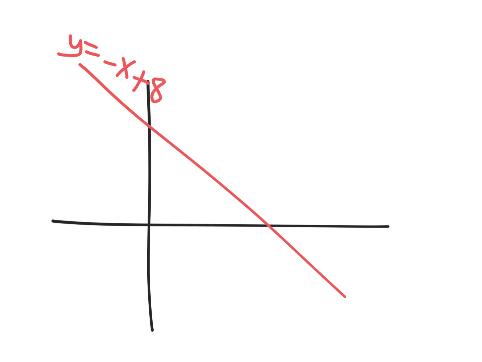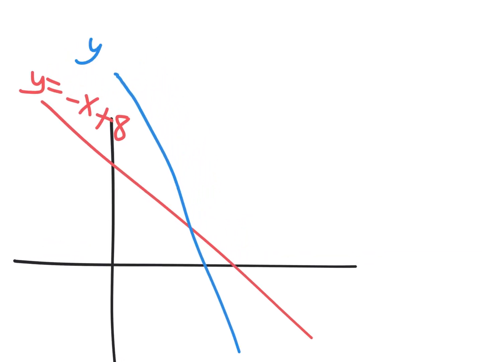For these two, we're going to say that this equation right there is y equals negative x plus 8. Next, we're going to have another one that goes steeper than this, and it's going to be like that.